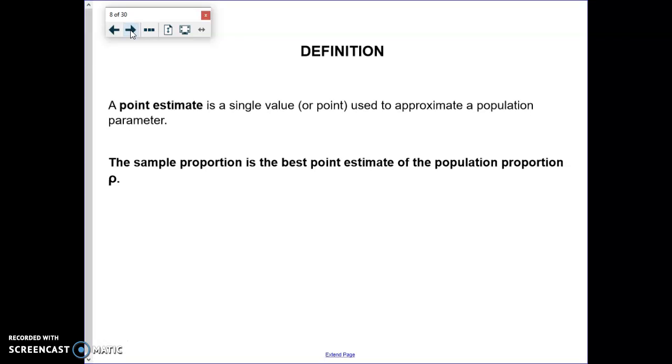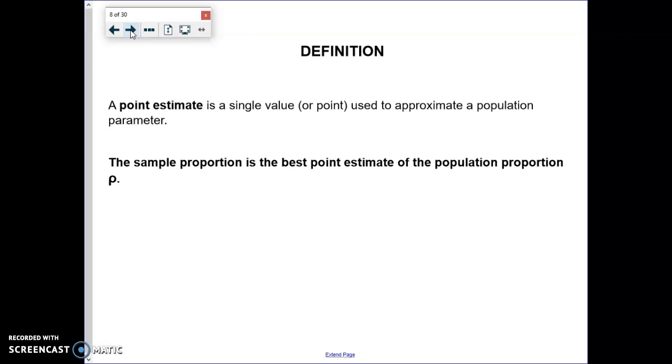Now, just as for last target, a point estimate is a single value that we get from sample data to estimate a population parameter. The only bad thing about using a point estimate, or single value, is we don't know how good it is. That's why we create these intervals.